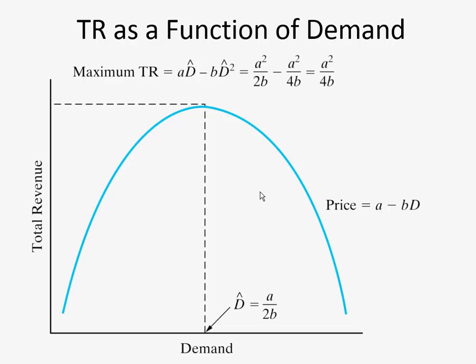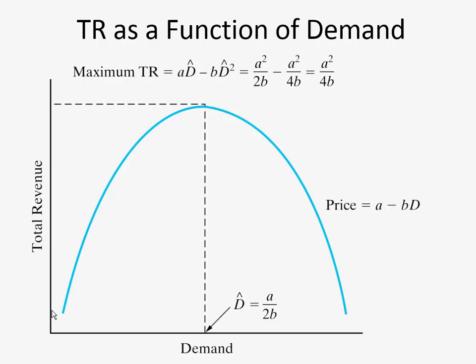Let's try and think about why you would have a low revenue over on the left side of the curve. You have a low revenue here because the price is high on this side of the curve. If you have low demand, remember what caused low demand was high prices. So if you have low demand, you're getting a lot for every unit, but you're selling so few units that you're not making much revenue.